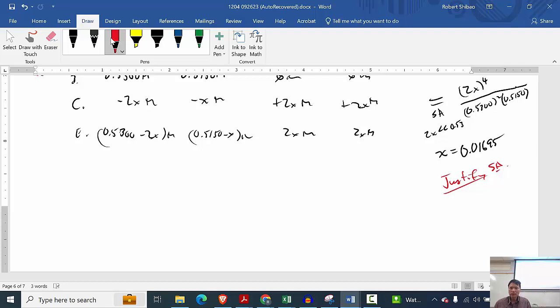So let's go ahead and try to justify this and see if it's okay. The bigger percent change was the 2x over the 0.53. So the percent change is going to be 2 times 0.01695 divided by 0.53 times 100%, ignoring sig figs here.